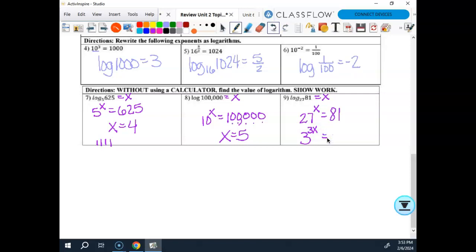Equals 81, so 3 times 3 is 9, times 3 is 27, times 3 is 81. So that would be 3 to the 4th power. And if those two are the same, then 3x equals 4, x equals 4/3. Because to get from 27 to 81, I'd take the cube root and get 3, then take it to the 4th power and get 81.